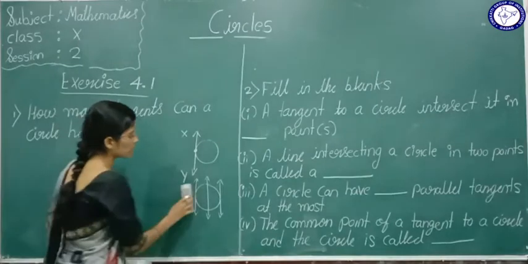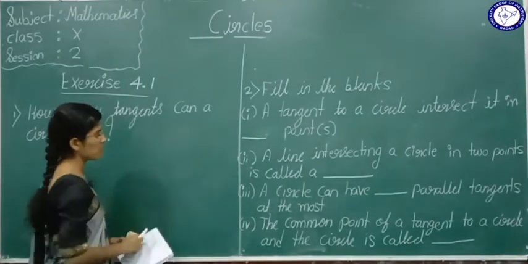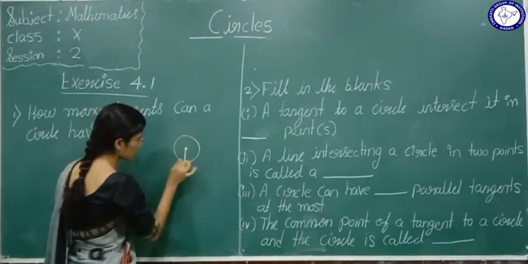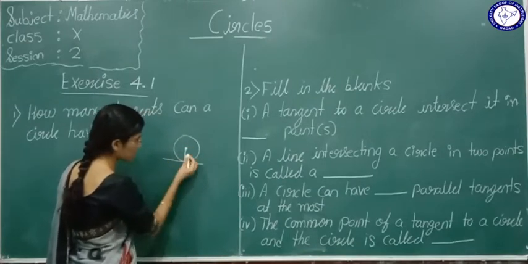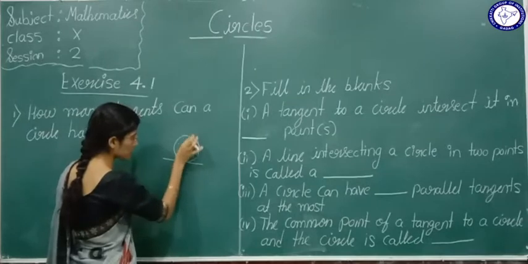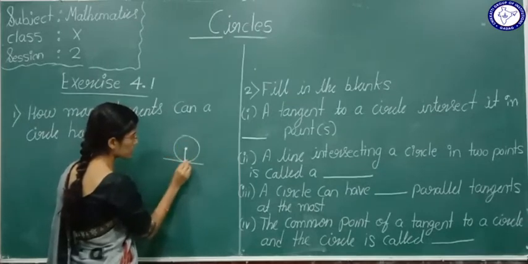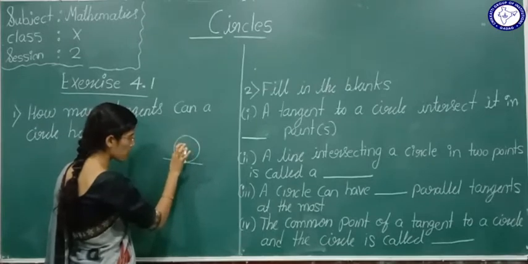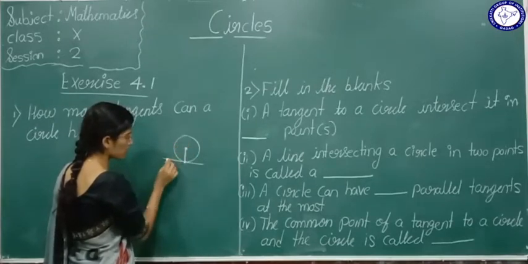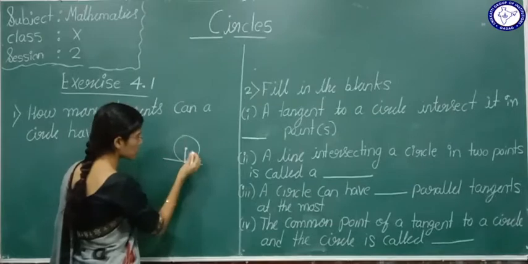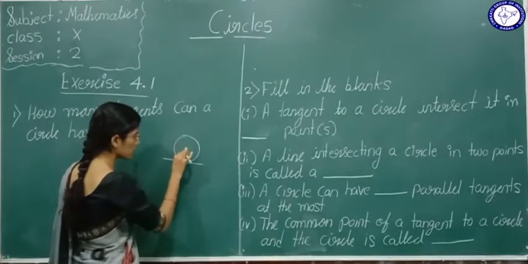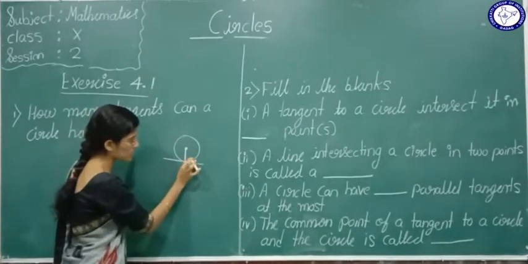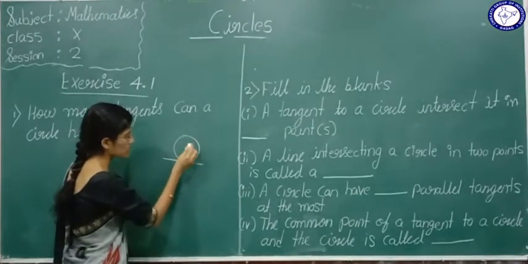Again, we have learnt one theorem. Suppose this is a tangent, and this point is called the point of contact. The perpendicular distance from the center to the tangent is the radius.